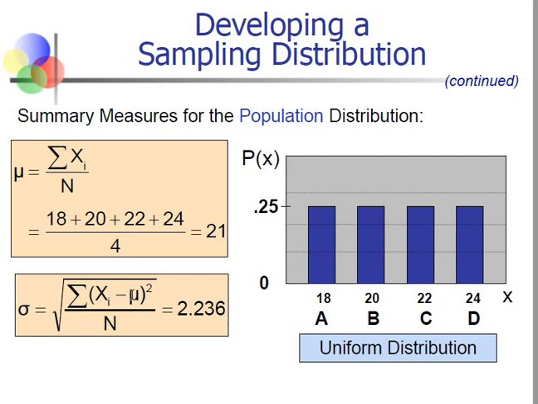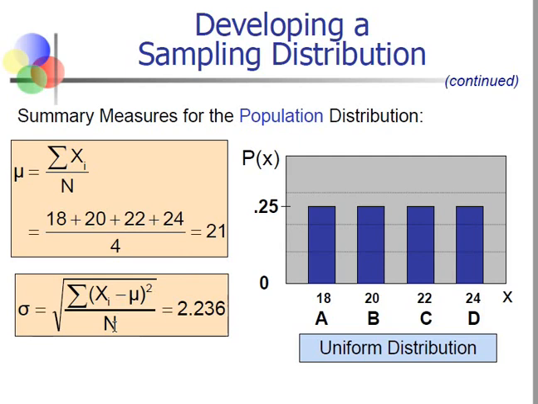So we have (18 minus 21) squared plus (20 minus 21) squared plus (22 minus 21) squared, and so on, with the sum divided by n. Our n is 4. Then we take the square root. This is our standard deviation.